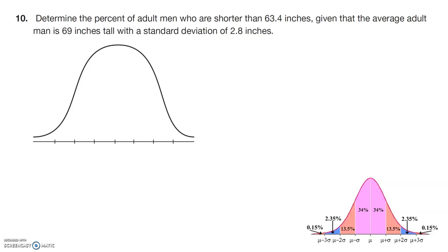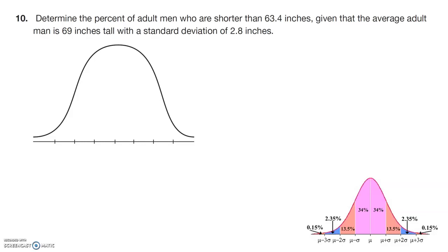It doesn't say mean, but mean also means average. So the average adult height is 69 inches tall, so there you have it. And then the standard deviation is 2.8. So you have all the information you need. Hopefully you did that correctly.